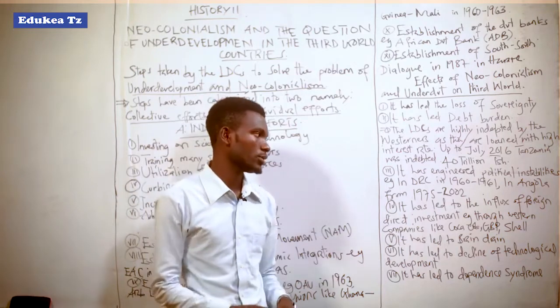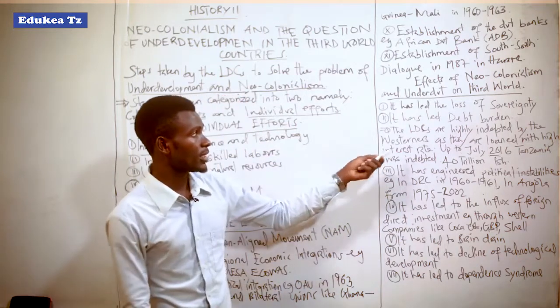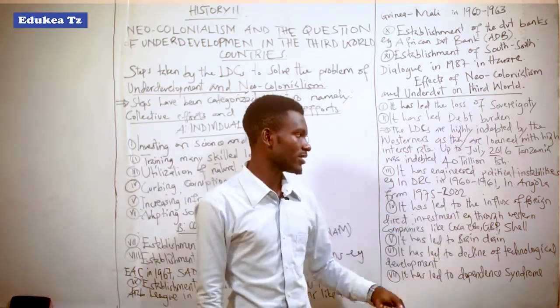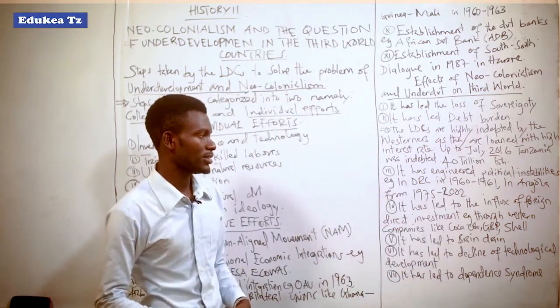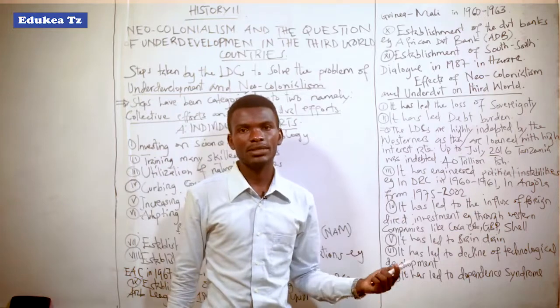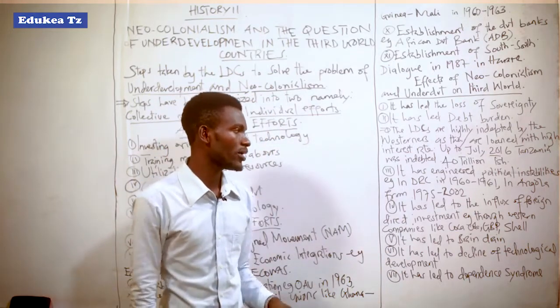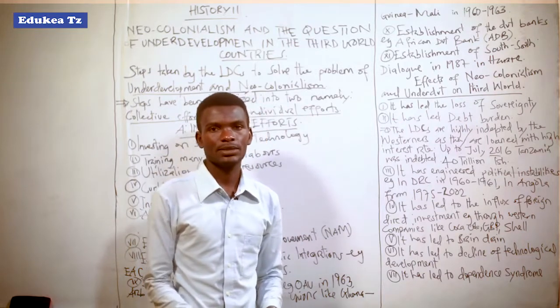on that country. So this was another impact, and another impact is that it has led to the influx of foreign direct investment. It means that another impact of neocolonialism and underdevelopment has led to foreign direct investment.